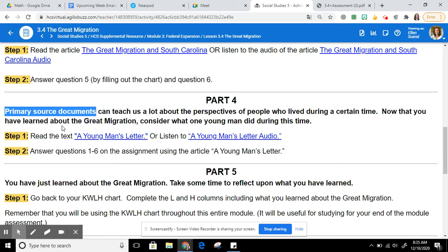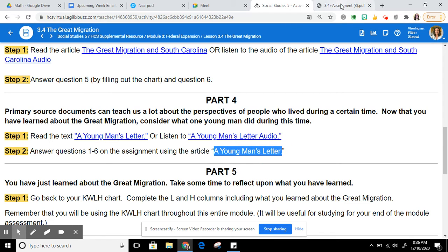So now that you have learned about the Great Migration, consider what one young man did during this time. Here you've got a young man's letter. You can read or listen to the letter being read, and you're going to answer questions 1 through 6 on the assignment using the article, A Young Man's Letter.